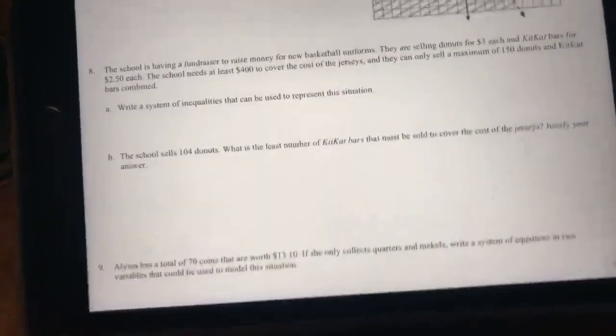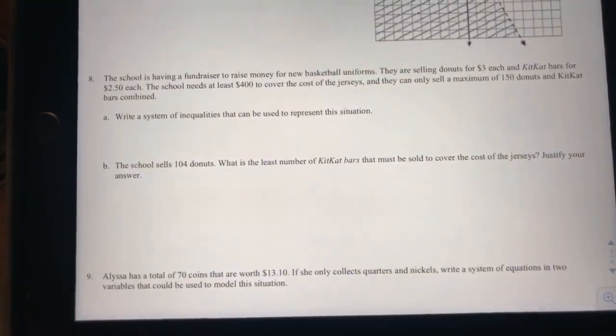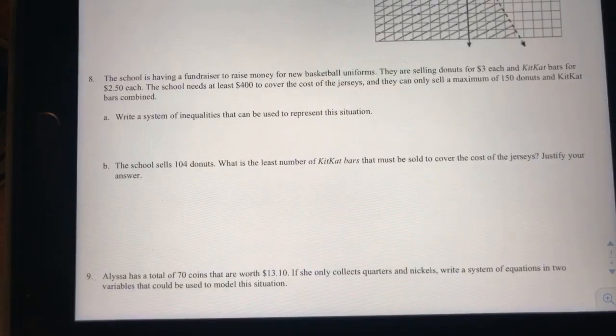So if you have questions, I'll try to come up with some examples. 8A and 8B, well, we're going to do that in a moment.